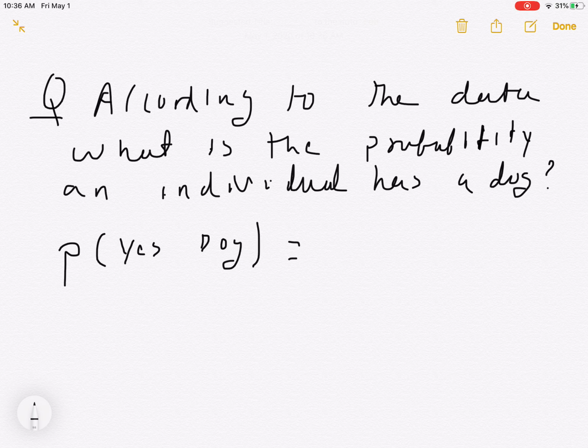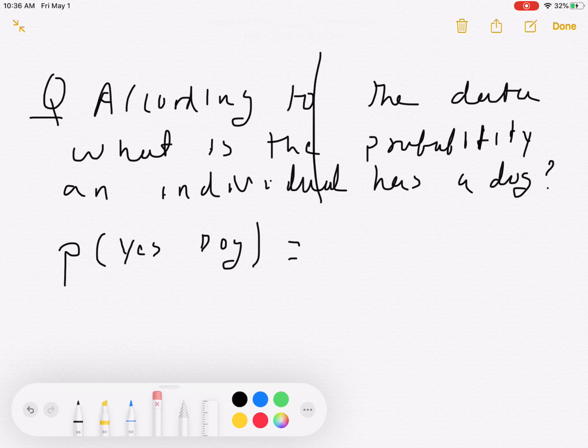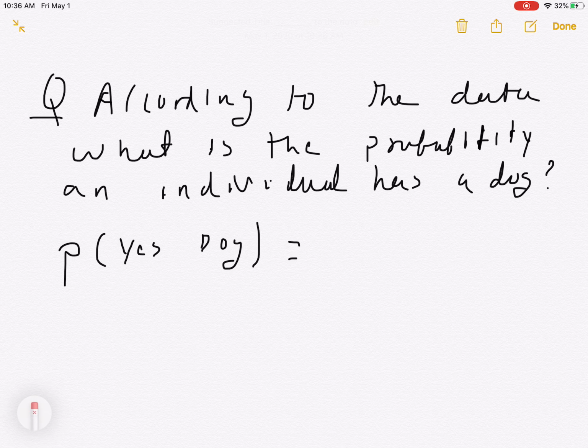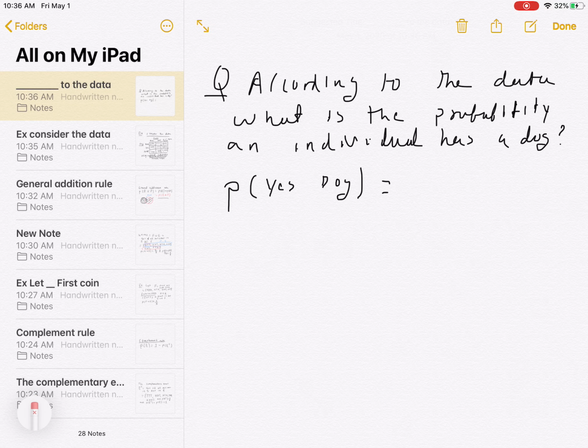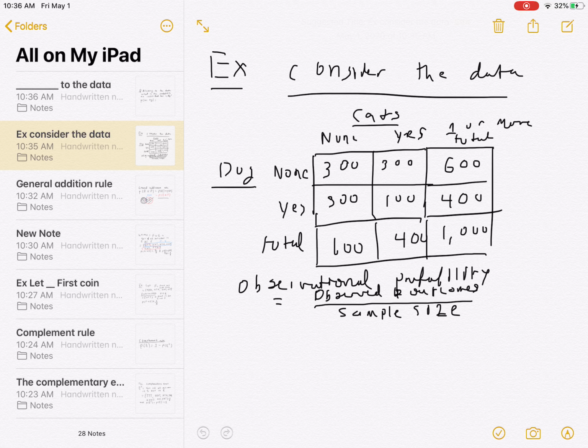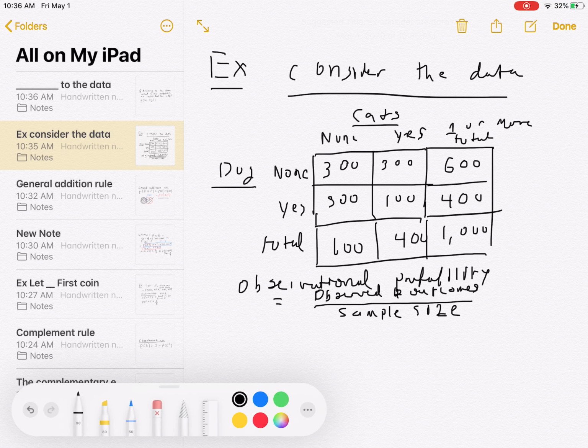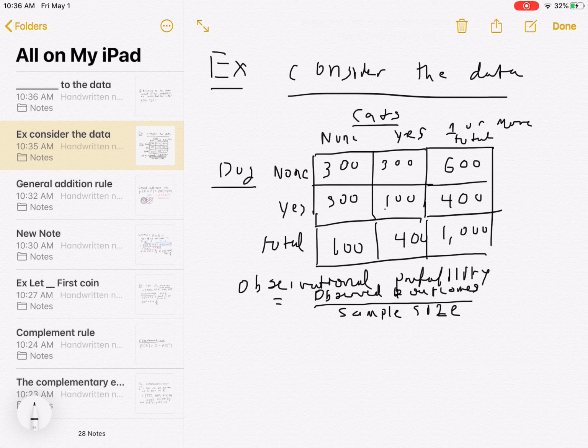Well, how many people had dogs? If we go back here, we can see that in the yes category, 300 have yes dogs, and then an additional 100 have yes dogs, but also they have cats.